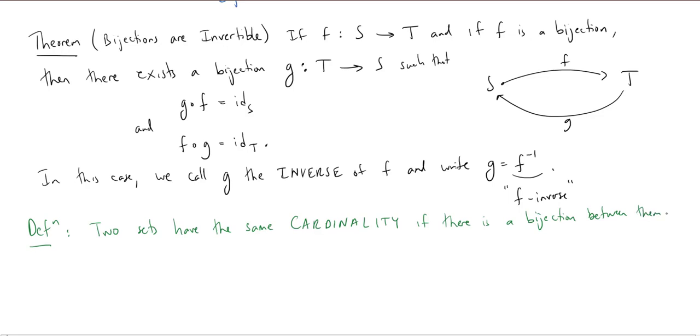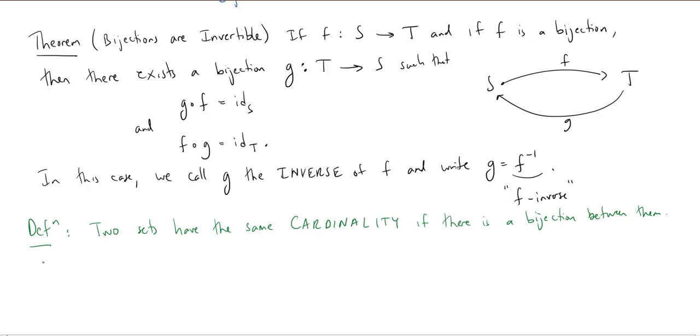And you might ask, does it matter which order? The previous theorem says no. If I have a bijection from S to T, then there will exist a bijection from T to S. So it doesn't matter which direction I find this bijection.